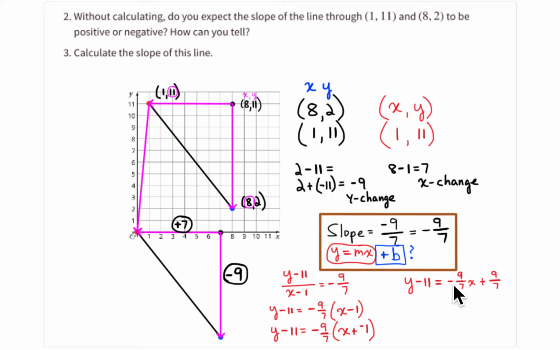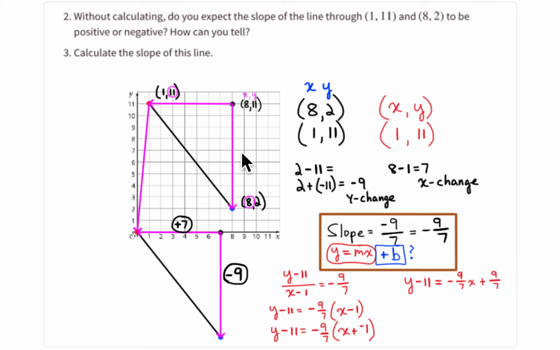So now we're here. So y minus 11 is equal to negative 9/7 x. If you have this quantity that you're multiplying by negative 9/7, that means you have a negative 9/7 x, and you have the opposite of a negative 9/7, which is a positive 9/7. Okay, now I want to change this 11 to 7s because everything is in 7s. And I want to be able to add that 11 back.